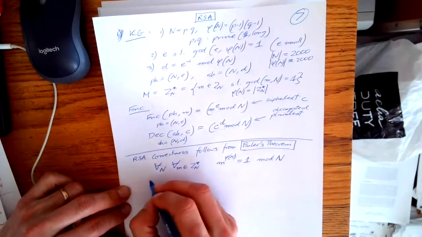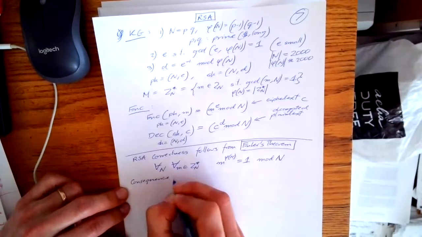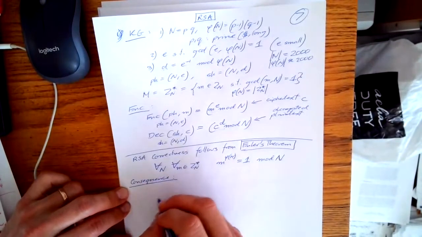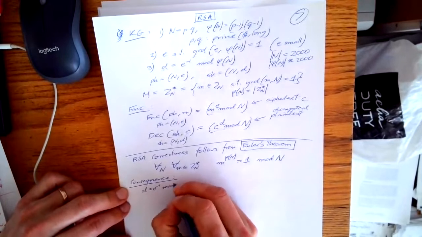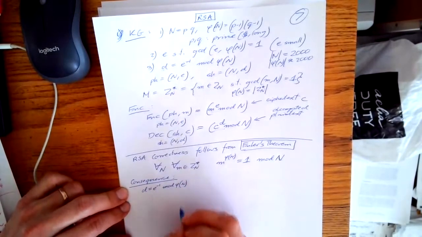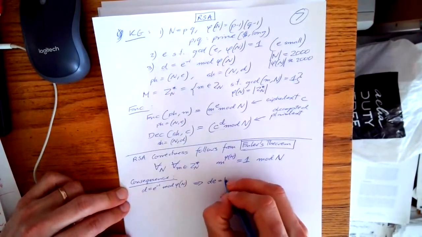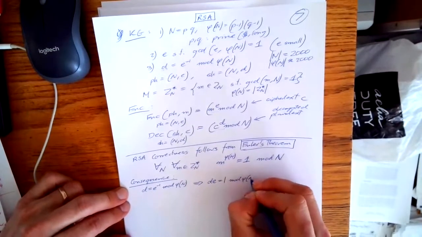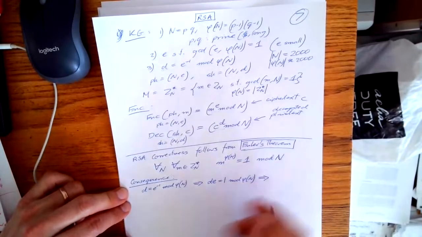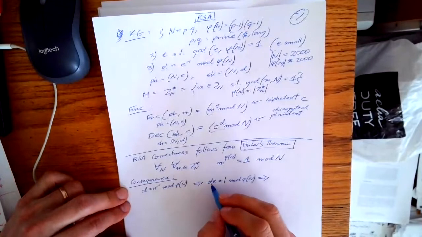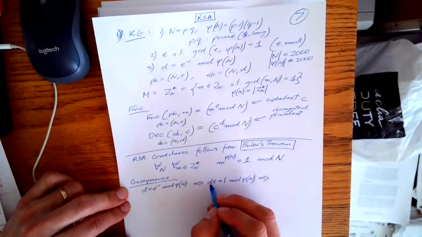Now, for our case, look, if D is a multiplicative inverse of E mod phi of n, then by definition, if I multiply these two, I get a 1 mod phi of n. And therefore, if D times E is 1 mod phi of n, what does this mean?